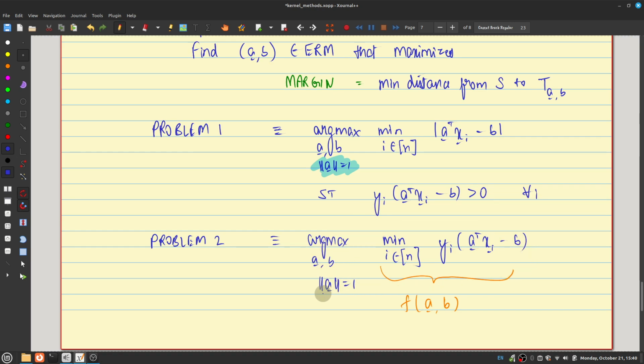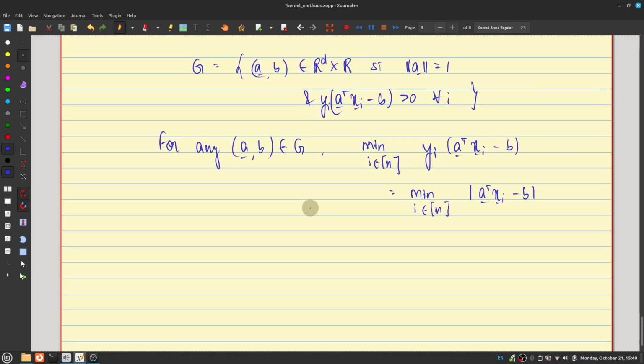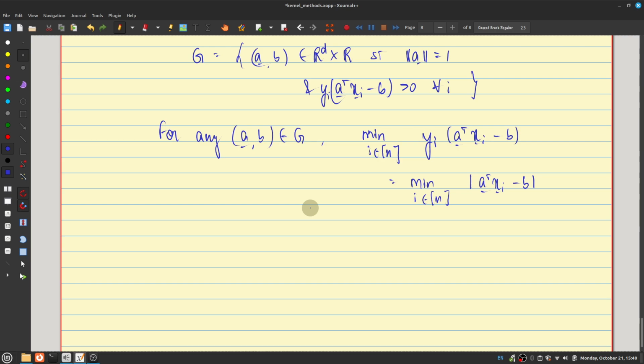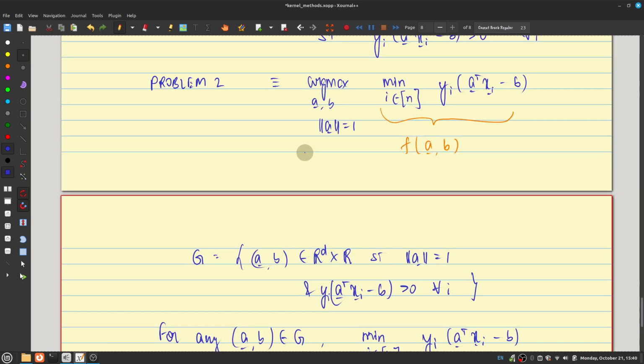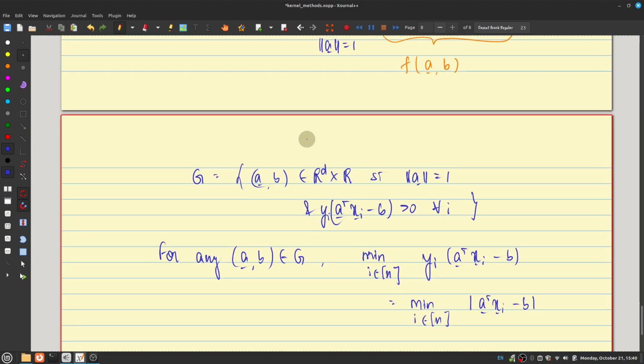I don't have any additional constraints apart from the fact that norm a is equal to 1. The search space of problem 2 could be more than that of problem 1, but effectively, the relevant vectors are those which satisfy the constraints of problem 1. So my point is that the solution to problem 2 is always going to lie in G.